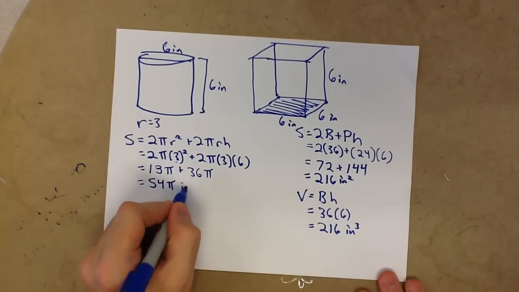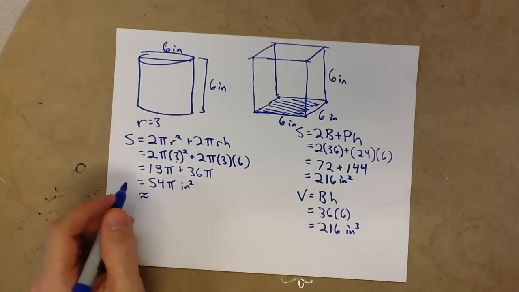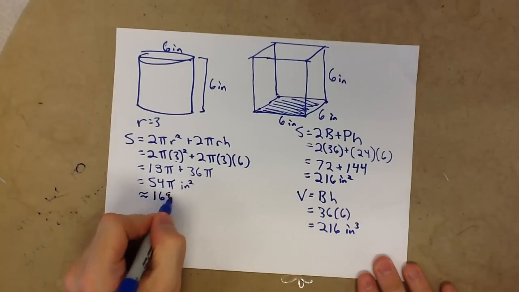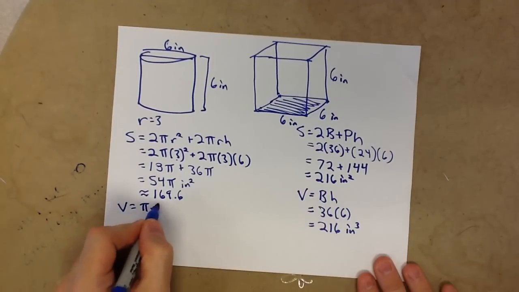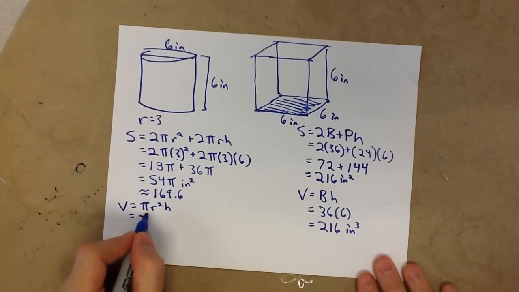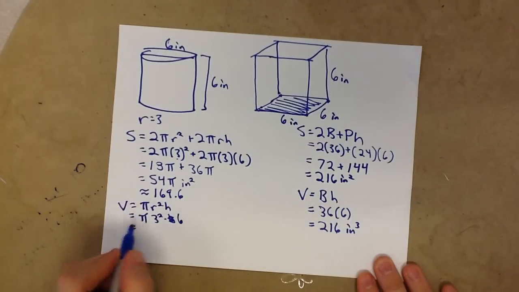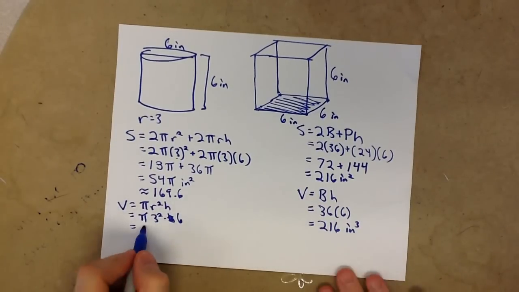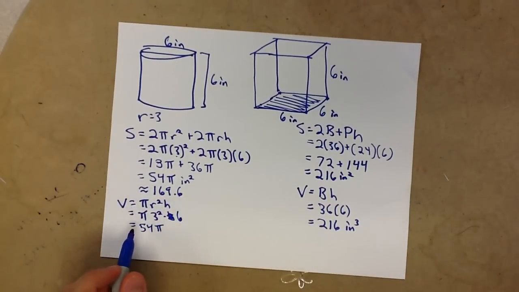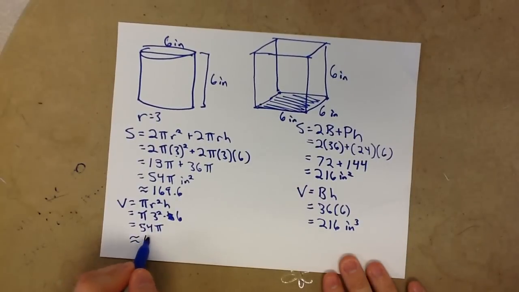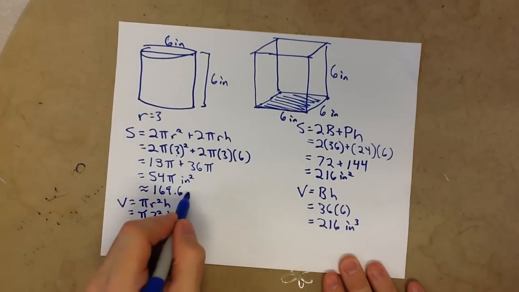I'm going to multiply that out and get that it is approximately 169.6. My volume is pi r squared times height, which is pi times 3 squared times 6. 3 squared is 9. 9 times 6 is 54 pi. And this is also going to be 169.6. This time it is inches cubed.